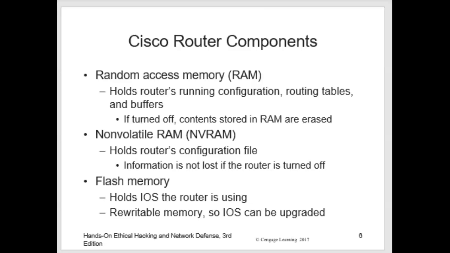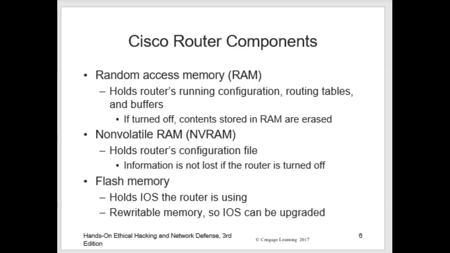Like I said, it may go by different names, but the same functions are largely applicable with other routers. There's RAM, or random access memory. This holds the router's running configuration, the routing tables, and buffers. And any changes you make to the router's configuration aren't permanent unless you save the configuration.